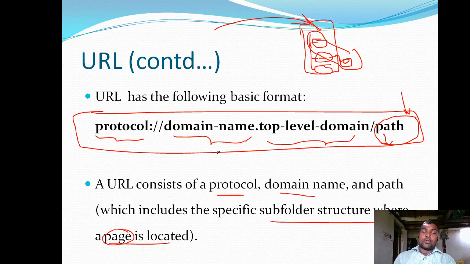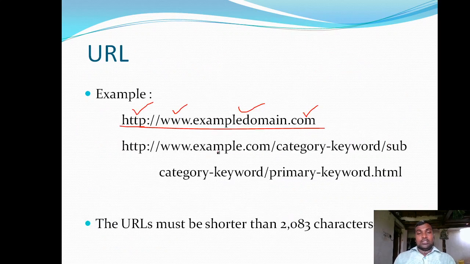The SMTP protocol is mainly used to transfer mail between client and server, so it is used in mail servers only. Okay, like that. A URL must be shorter than 2083 characters.